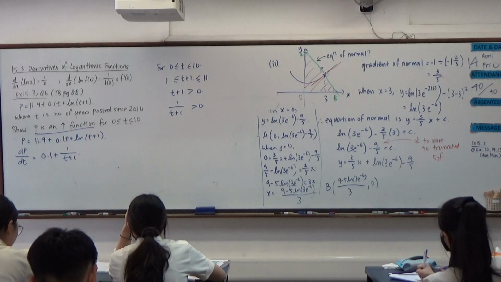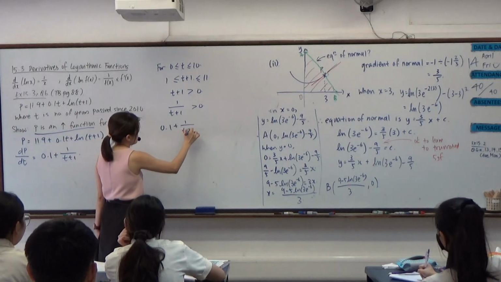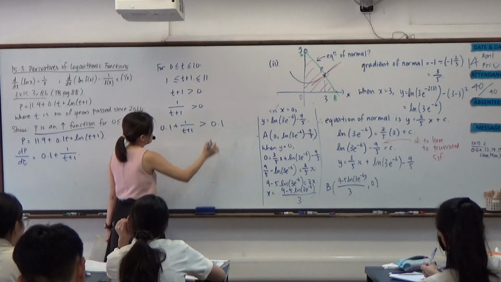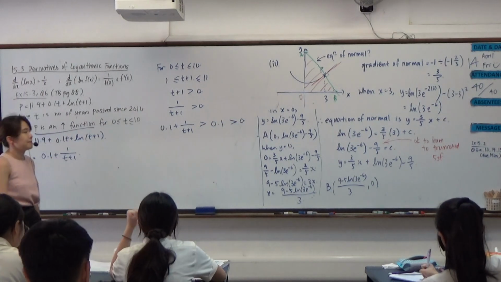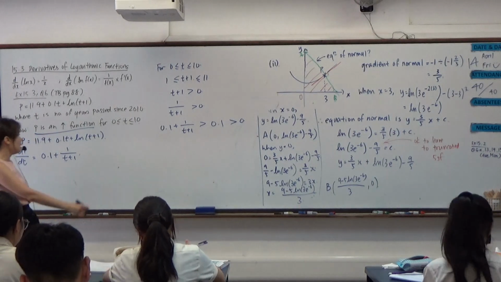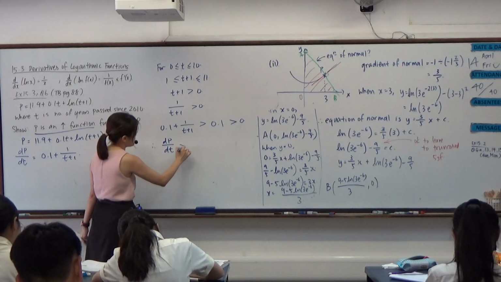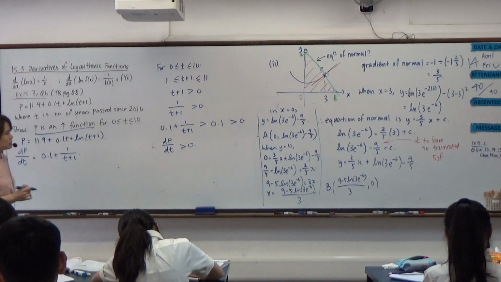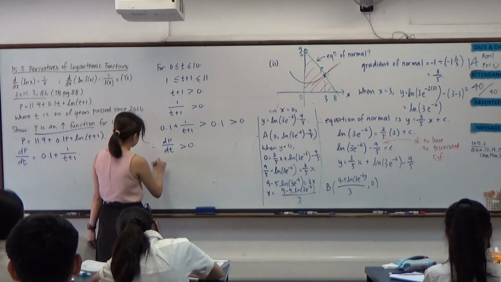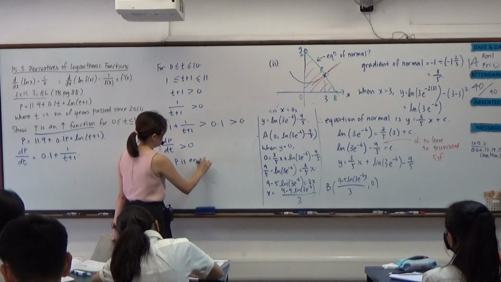And when I add a 0.1, it will be more than 0.1, which is also positive. And therefore, this means that our dp over dt is more than 0. So we conclude that p is an increasing function.